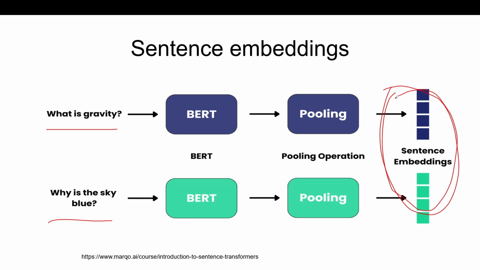Otherwise, if they do not represent the same meaning, for example, the first sentence talks about gravity and the second talks about the color of the sky, we want to make sure the embeddings are not similar. By doing this, we get embeddings for sentences using the same idea of contrastive learning.